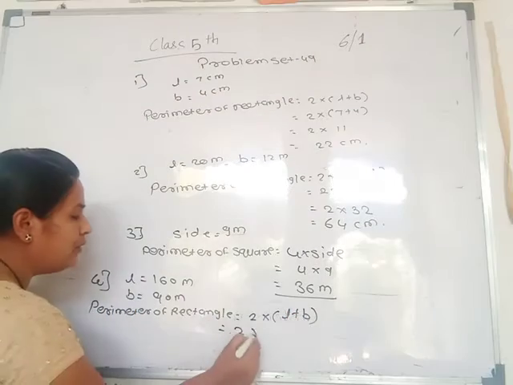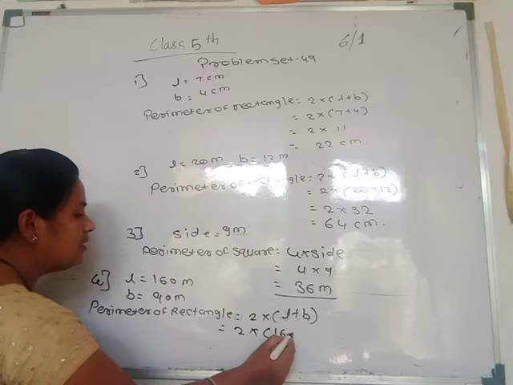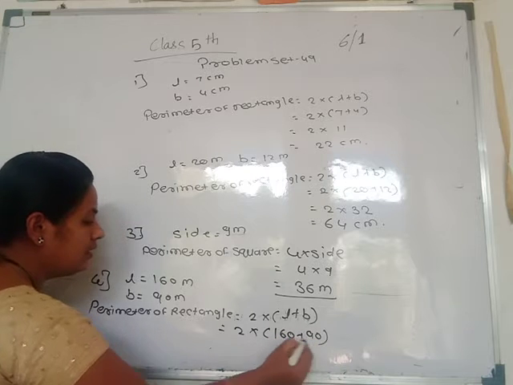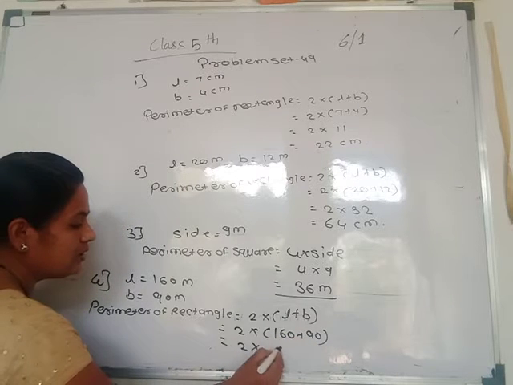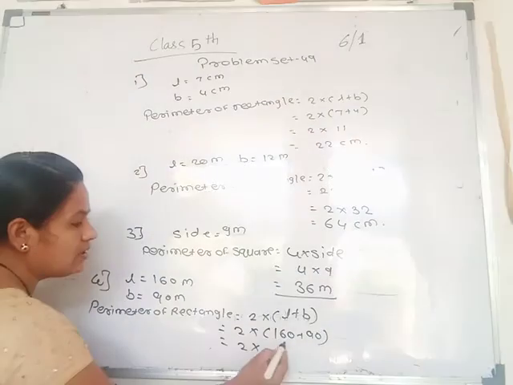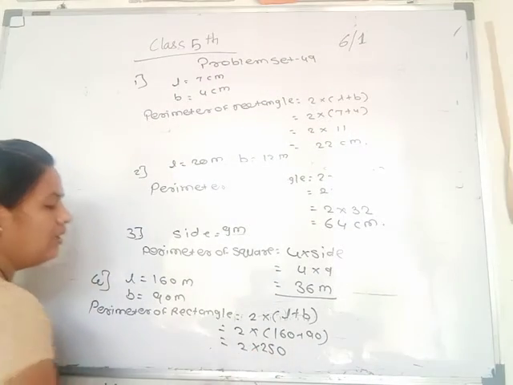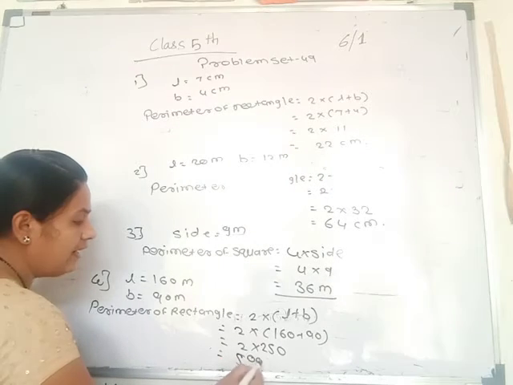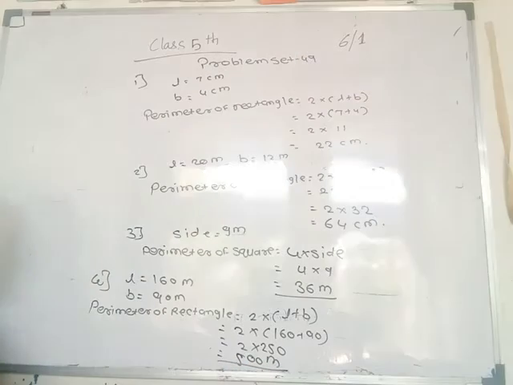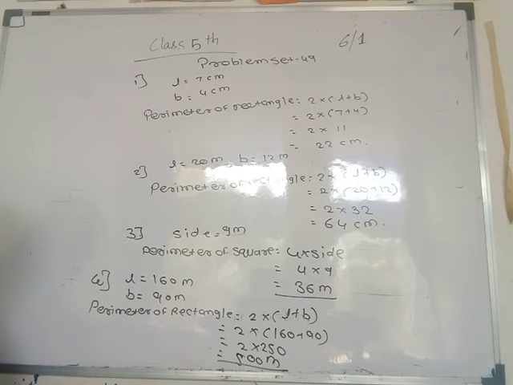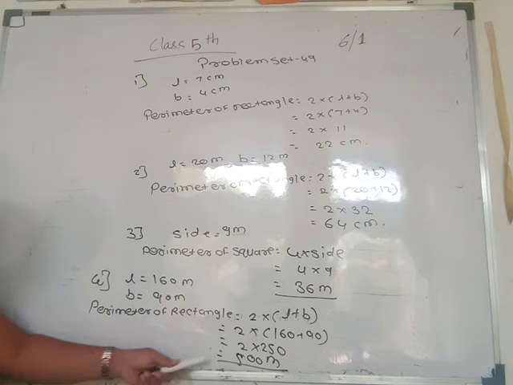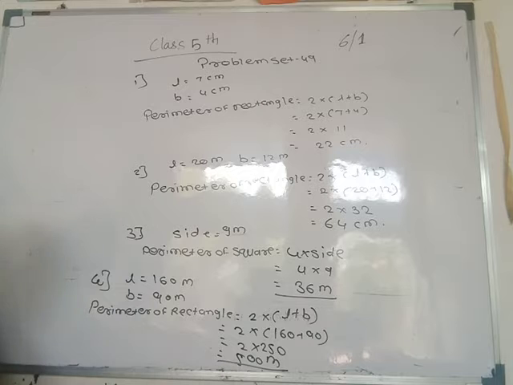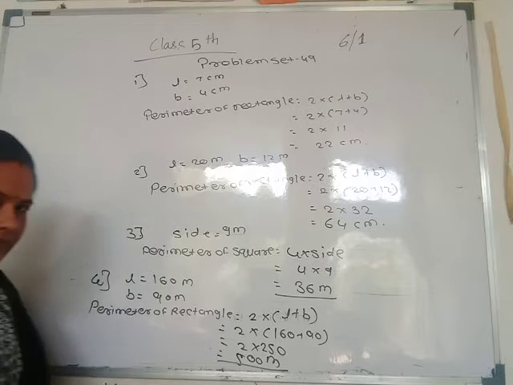Put the values: 2 into (160 plus 90). 160 plus 90 is 250, and 250 into 2 is 500 meter. This is the distance of 1 round.